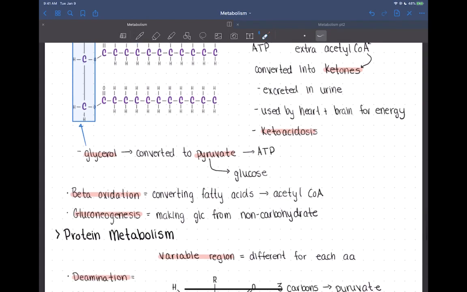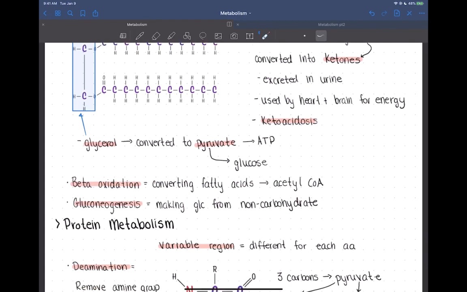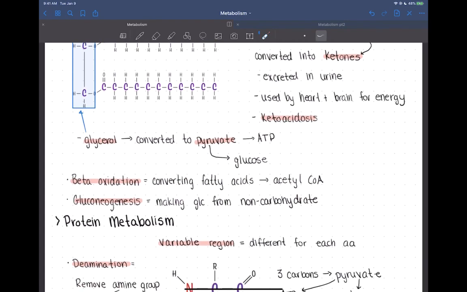All right. And so with this process of using our fats for energy, we're using both beta oxidation, which is converting those fatty acids to those acetyl CoAs, breaking down those fatty acids to acetyl CoAs. That's called beta oxidation. And with the glycerol part, we're performing gluconeogenesis.